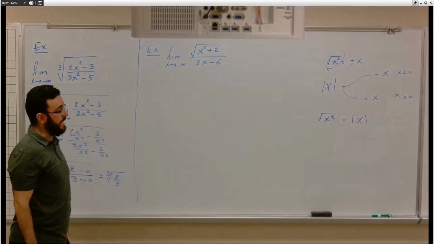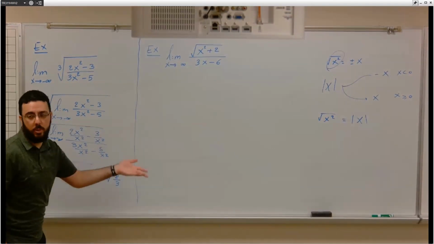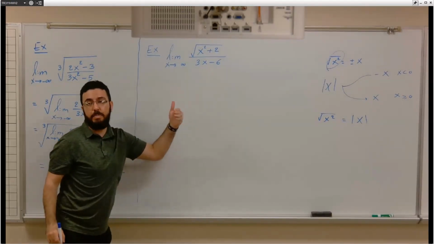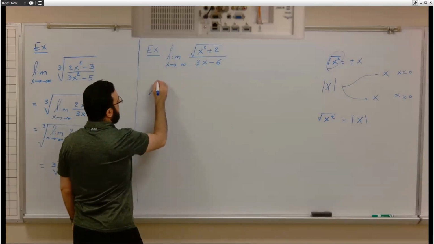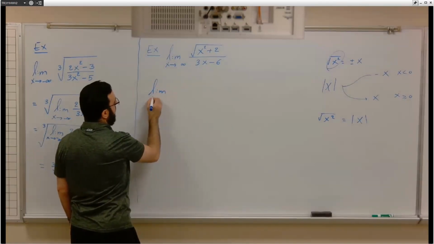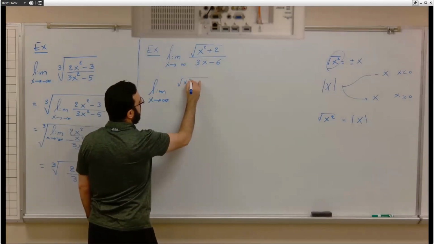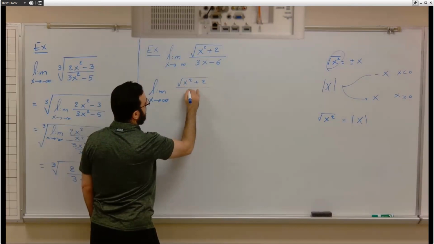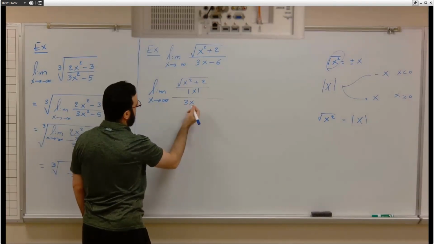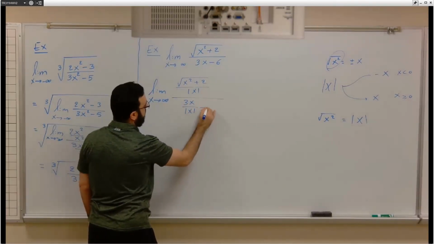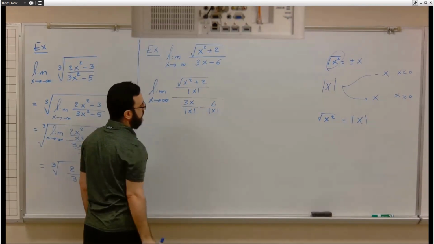So instead of dividing by the square root of x, which is going to be a problem on the bottom part, I'm going to divide by the absolute value of x. So this one is similar to the limit of the square root of x squared plus 2, divided by the absolute value of x, over 3x divided by x minus 6 divided by x, which is the same thing.